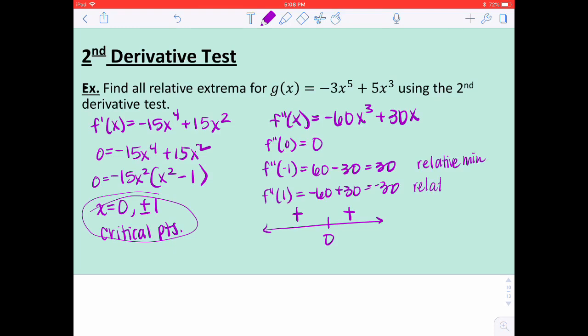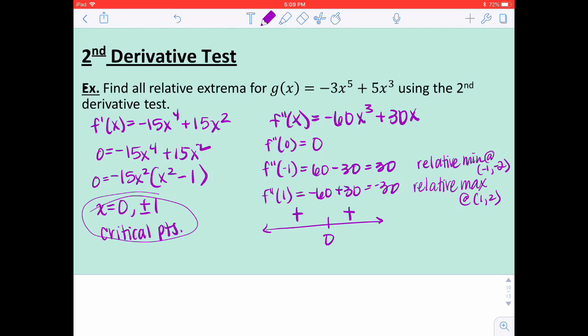And this is a relative maximum. Okay? And this is going to be at negative 1, negative 2, and this is at 1, 2.